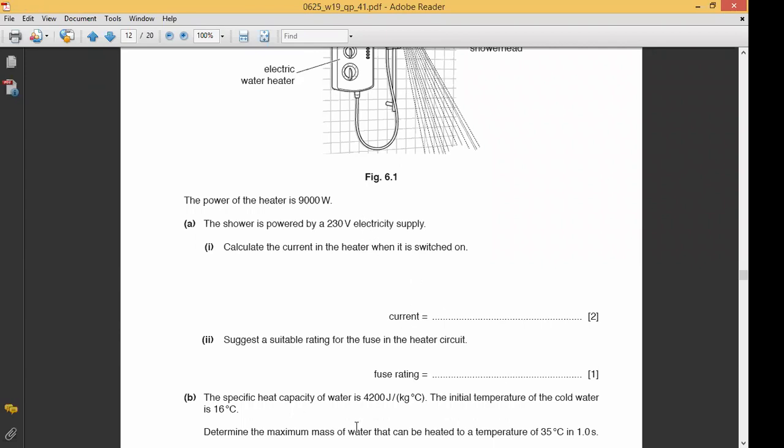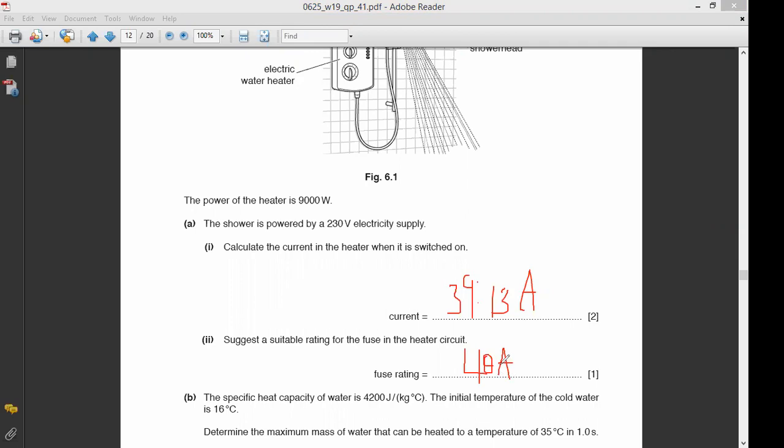Remember, our current already is 39.1. Can we use 40? Correct, you can use 40. Good. We can use a fuse of 40 ampere.